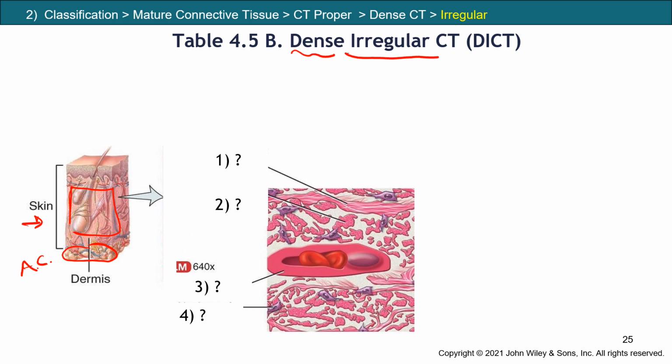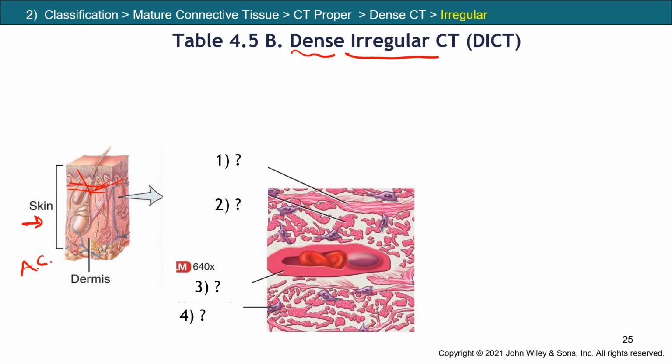Here in pink you have a lot of collagen fibers, but they are not running in parallel. Some of them will be in parallel, and some go in another direction, and others in yet another direction. This is the difference with the previous tissue, the regular one. Here the collagen fibers are running in a random pattern.